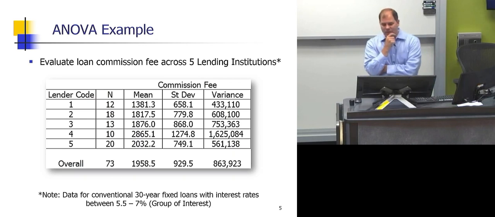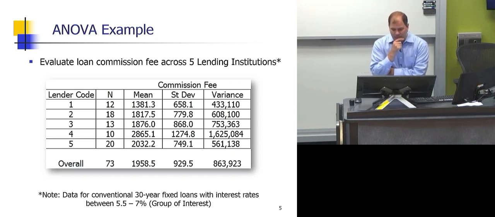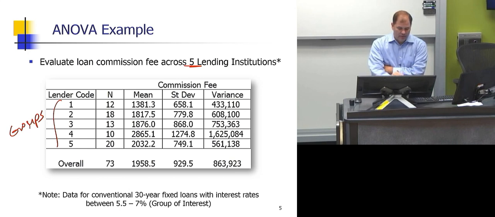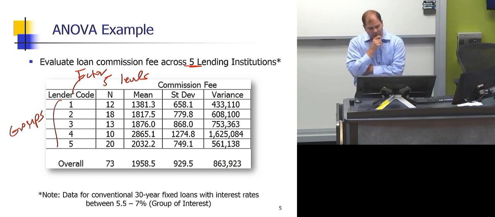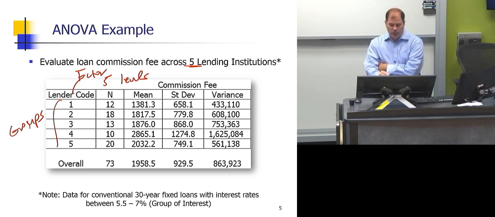All right. If we come back to our commission fee example, I have 5 lenders. These all represent my groups. Lender code is the factor at 5 levels. For each of these, I can compute the mean, the standard deviation, and the variance.